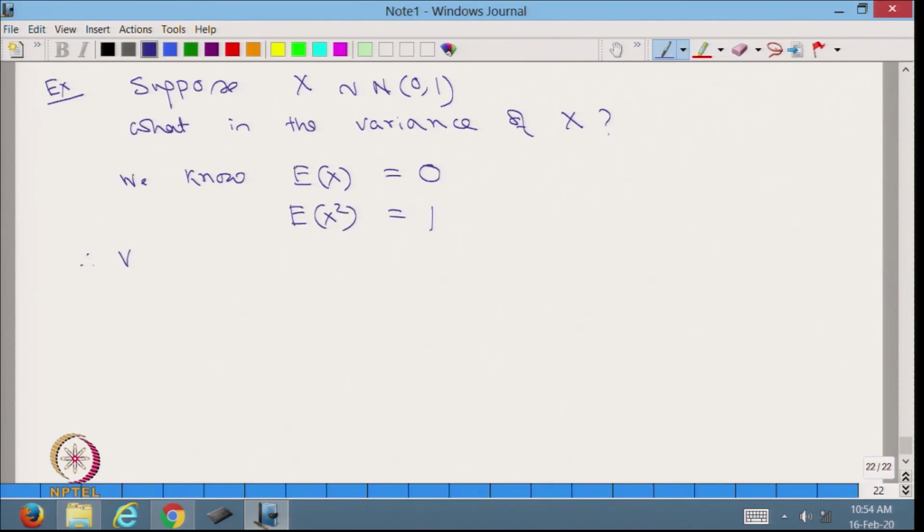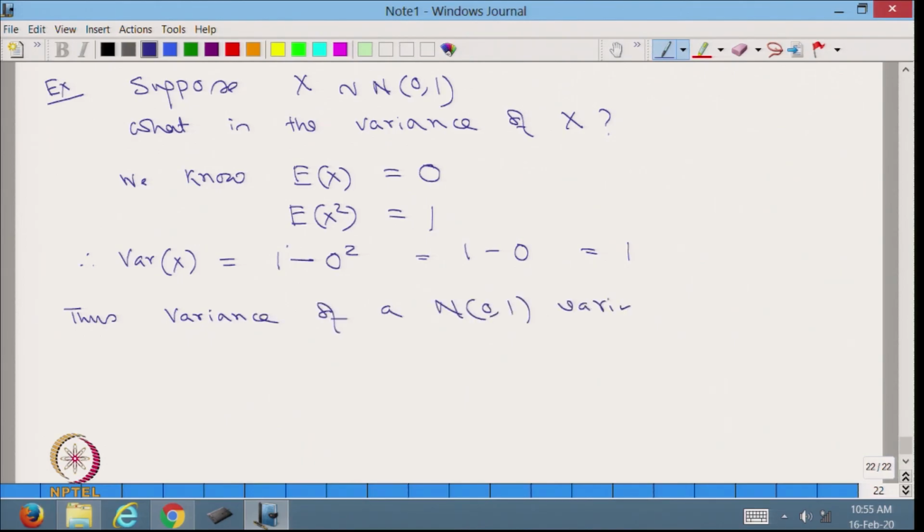Therefore, the variance of x we can understand is 1 minus 0 square, which is 1 minus 0, equal to 1. Thus, the variance of a normal 0 1 variable is 1.